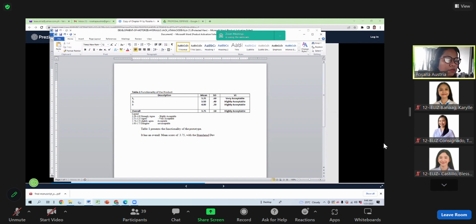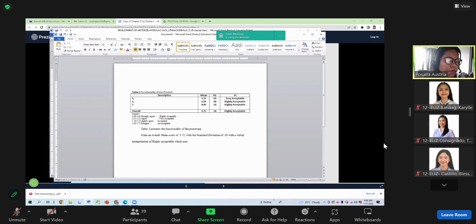with the standard deviation of 0.50, which is interpreted, ilagay dito ay with a verbal interpretation of highly acceptable. Okay?